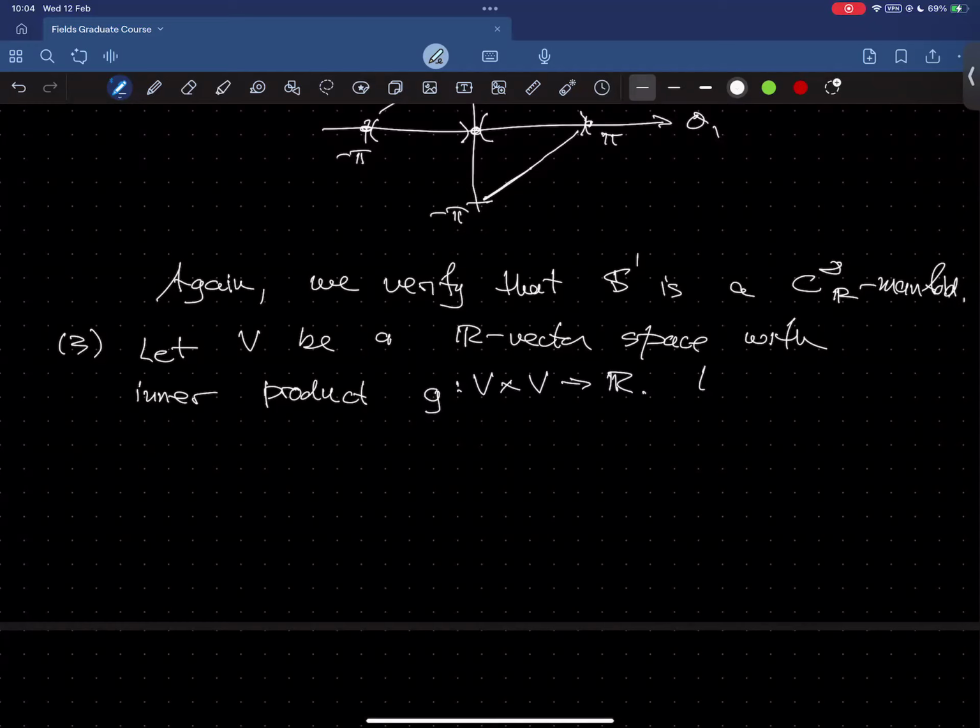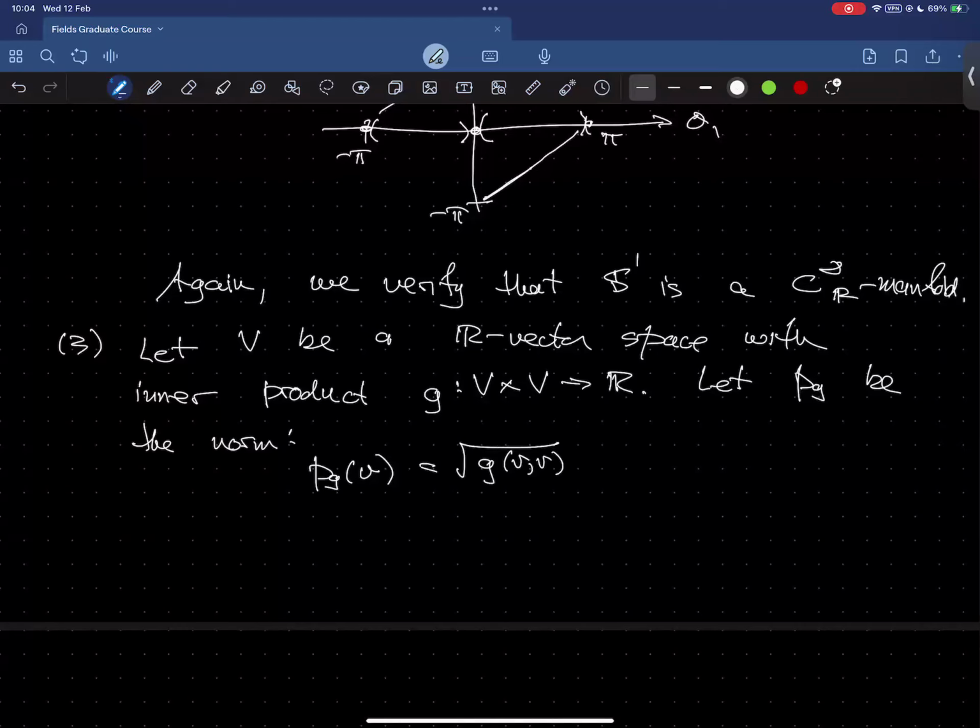Let the norm be the corresponding norm. It's defined using the inner product in the usual way: take the inner product and apply it to the vector in both slots and take the square root. Because it's an inner product, G of V comma V will always be positive.